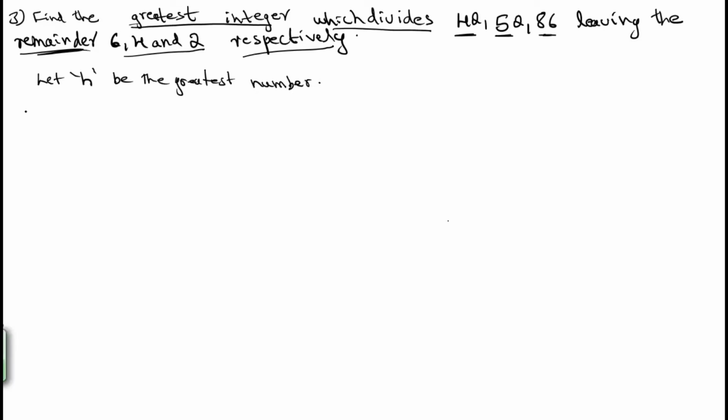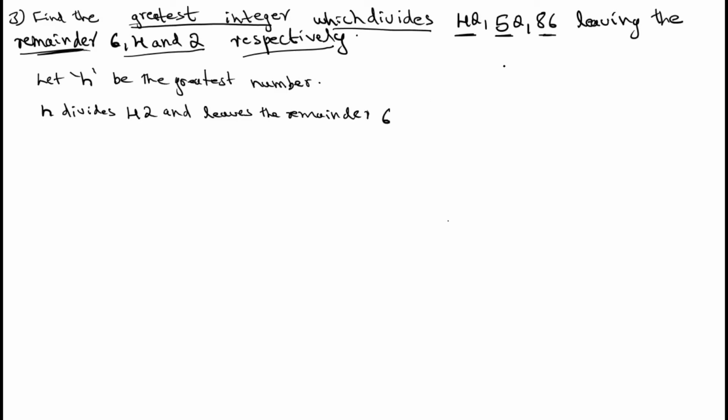Now see, the first data: H divides 42 and leaves a remainder. What's the remainder given? The remainder is equal to 6.